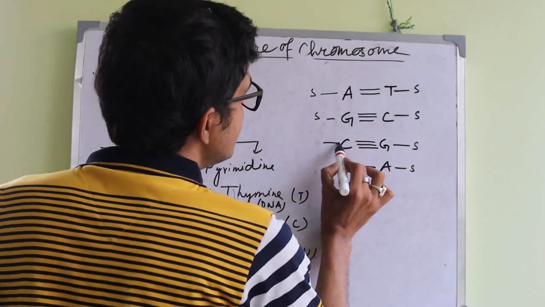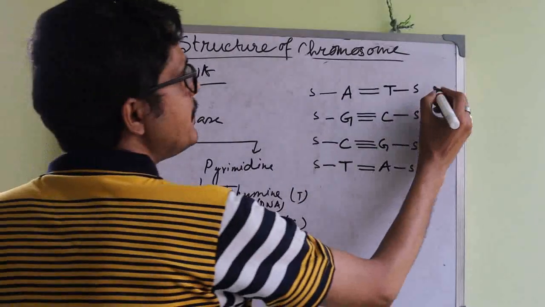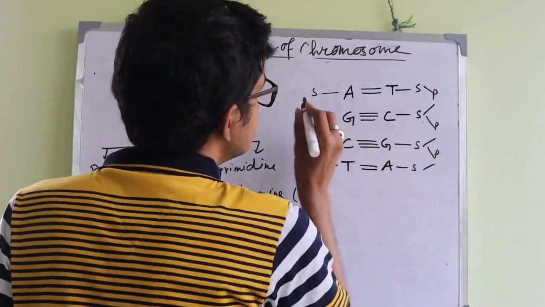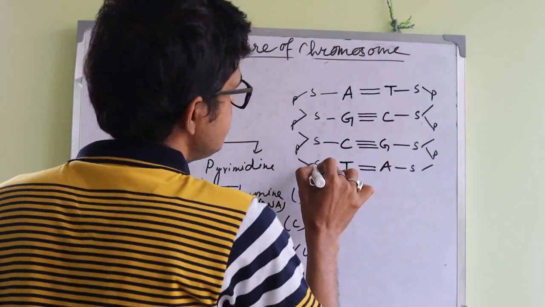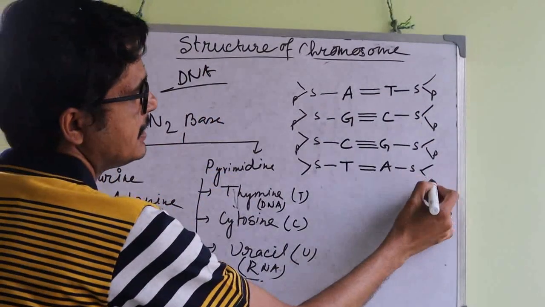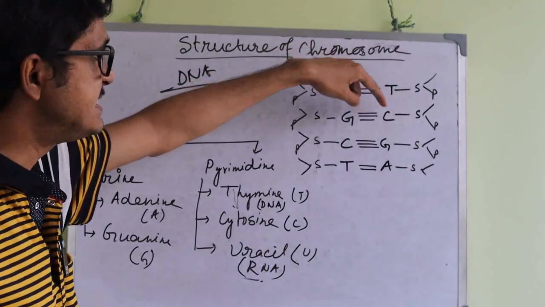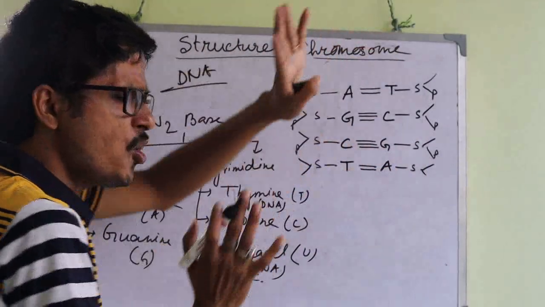That pentose sugar is combined with each other by phosphate. So you can think of A always combined with T, G with C, C with G, A with T. There are more, but I am writing only 4 here.